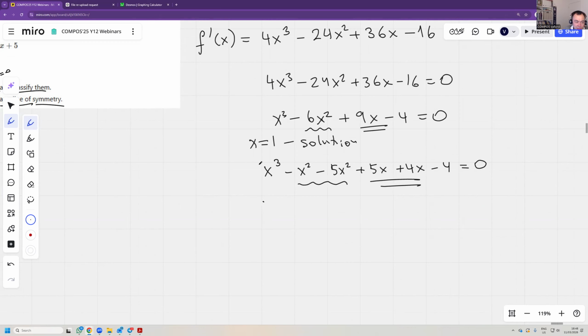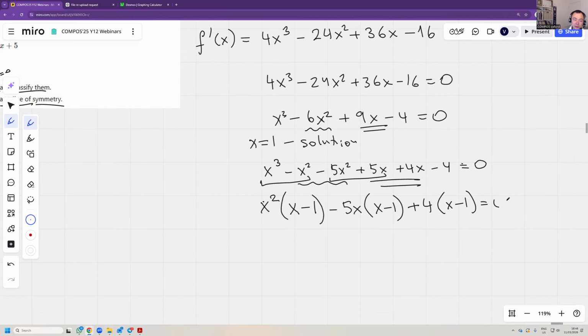From the first two, I extract x squared as a common factor, and I'm left with x minus 1. For the second pair, I take out minus 5x, and I'm left with x minus 1. For the third pair, I just take out 4, and I'm left with x minus 1.